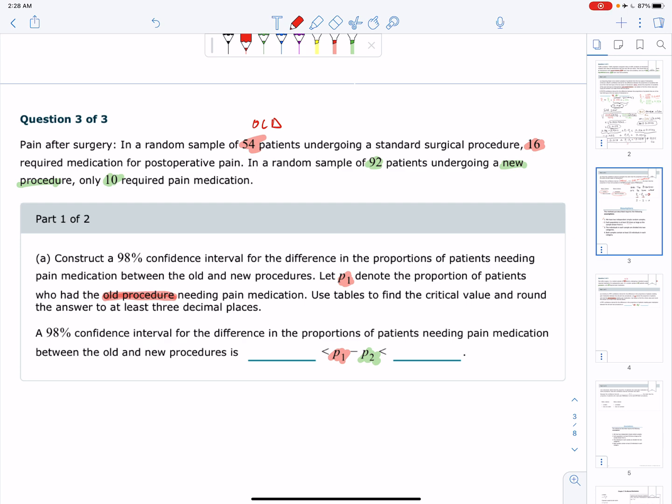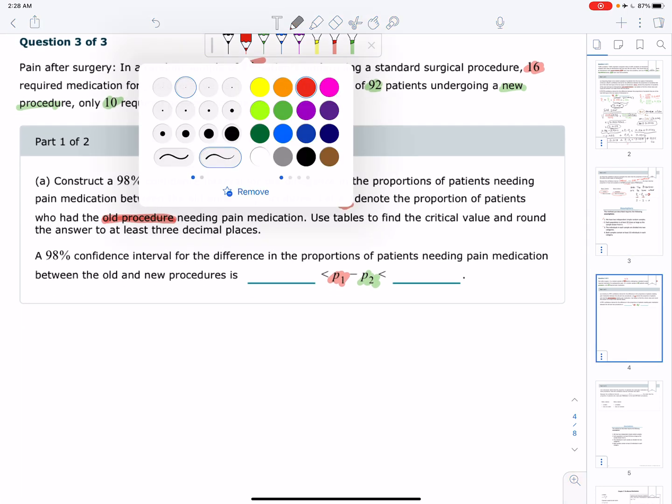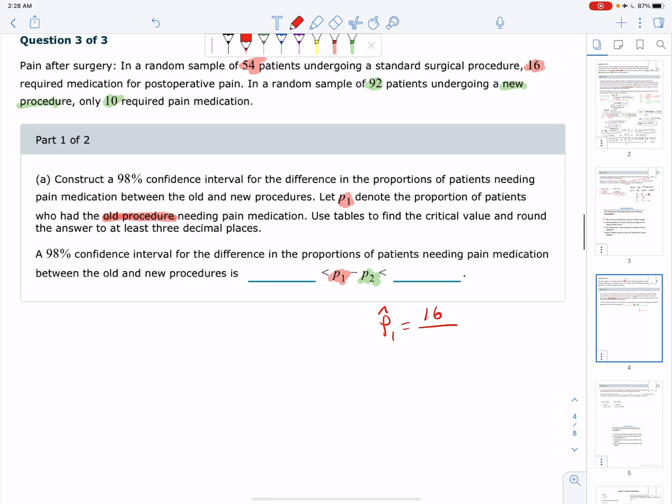Now let's start figuring out what we need. First we need to get our sample proportions squared away. Let's start with this red one. p hat, my sample proportion for my first sample, is 16 people of interest out of 54 is the sample size, and when I divide that, I get approximately 0.296.